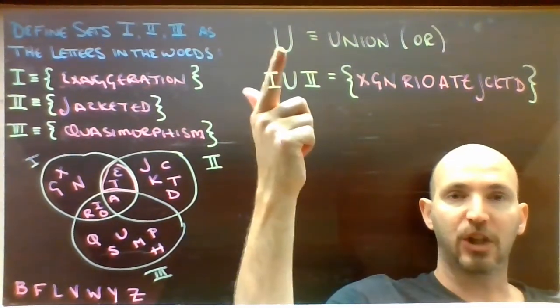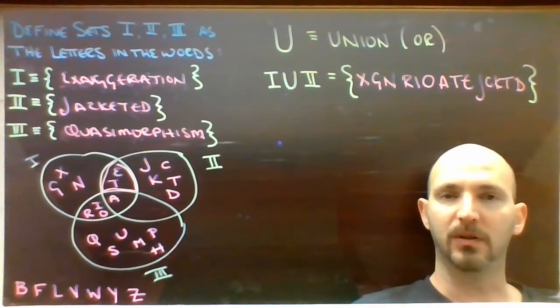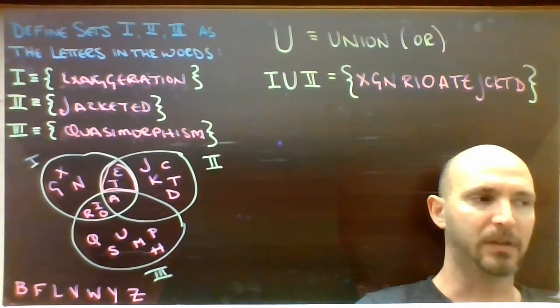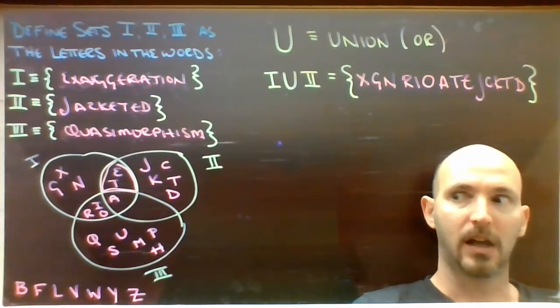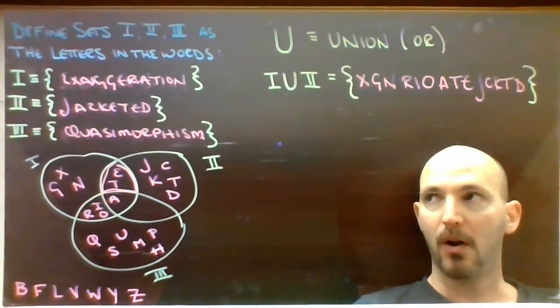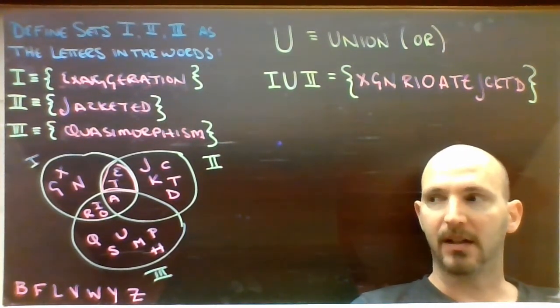So when you see that U, you think about the idea of or. It only has to meet one of the two conditions. So, for example, if you are allowed to go on a field trip because you're in grade 12 or you are taking data management, that would mean that anybody in grade 12 gets to get on that bus regardless of whether they're taking data management or not.